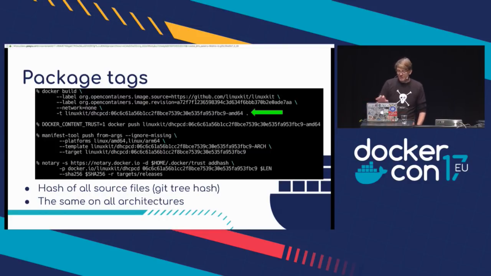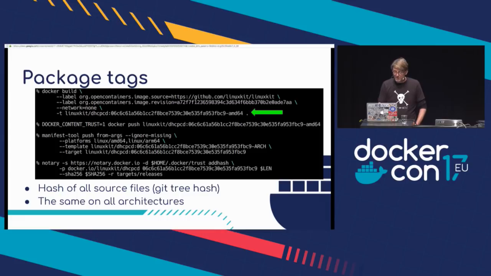The other interesting thing, which you may have observed in the YAML files, we all have a fairly long hash at the end as a tag of the package, right? So what we use to tag packages is the content hash, or the hash of all the source files used to build the package. So for the DHCP package which we are looking at, it would be the hash of the Docker file and the hash of the make file, if there is a make file, and the DHCP configuration file which we use.